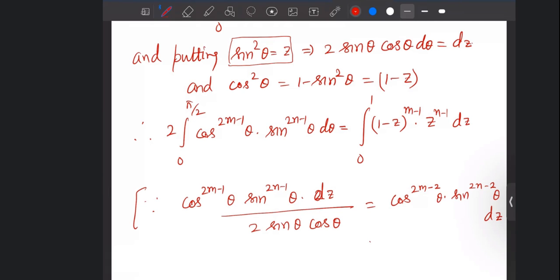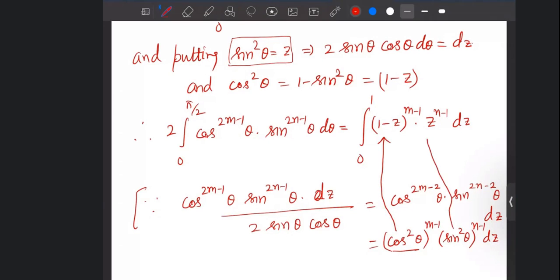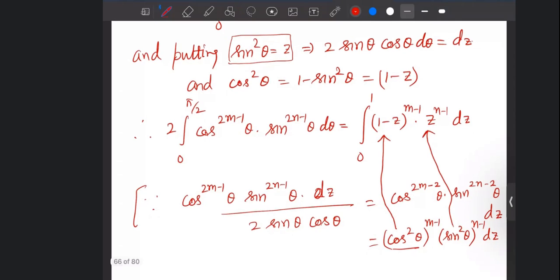So because this can be written as cos square theta raised to the power m minus 1, sine square theta raised to the power n minus 1 dz. Cos square is 1 minus z and sine square is z, and simply dz.